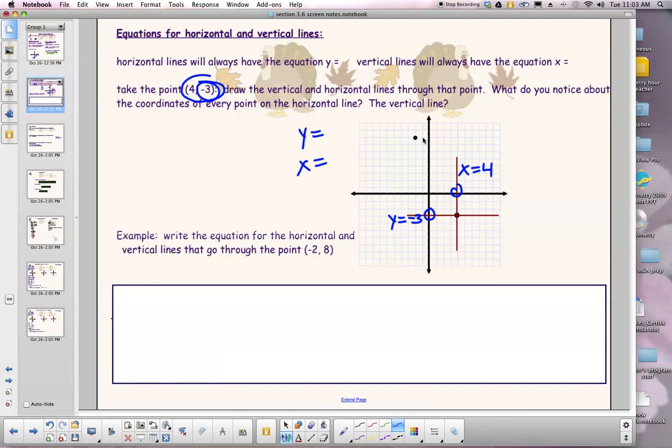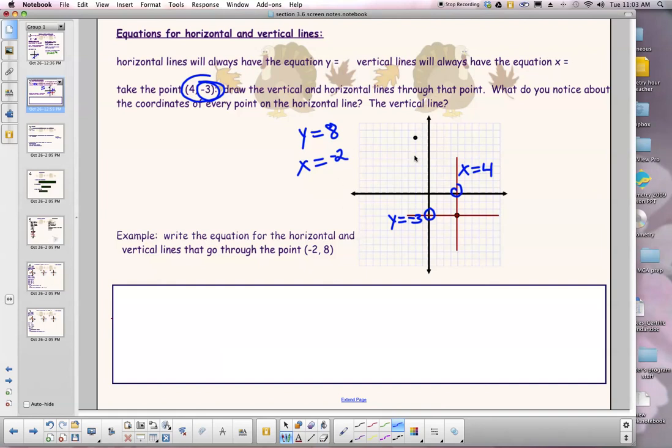It would cross the y-axis at 8. So my equation would be y equals 8 for the horizontal line. My vertical line goes this way. It's going to cross the x-axis at -2. So my equation for my vertical line would be x equals -2.